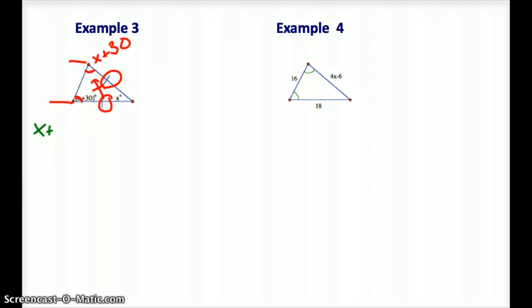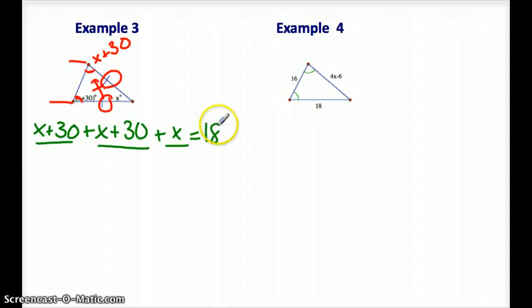I've got x plus 30. I'm not combining my terms. I'm explaining everything here. I'm communicating my mathematics. Here's my first angle. Here's my second angle. Here's my third angle to equal 180. Okay, so I've got x, x, and x combining my like terms. That gives me 3x. 30 and 30 is 60, and that equals 180.